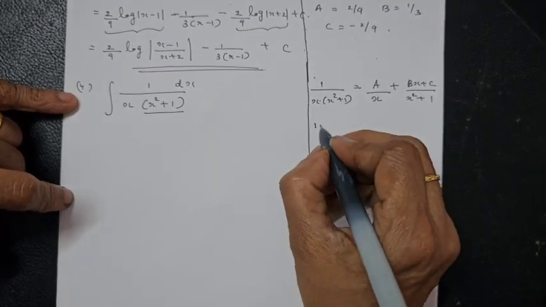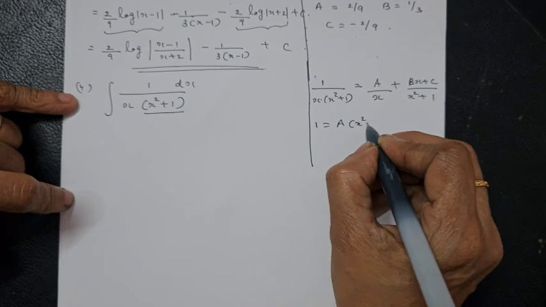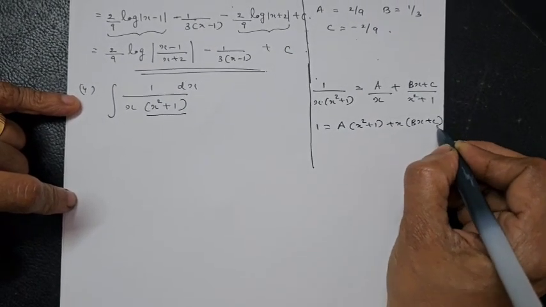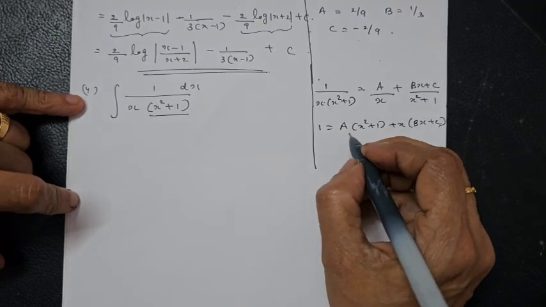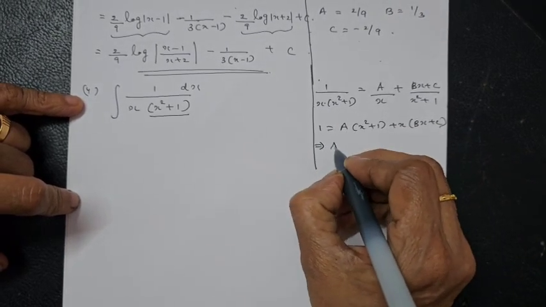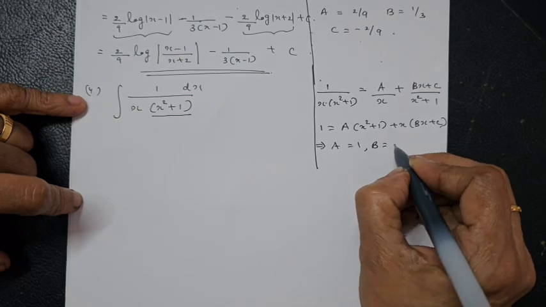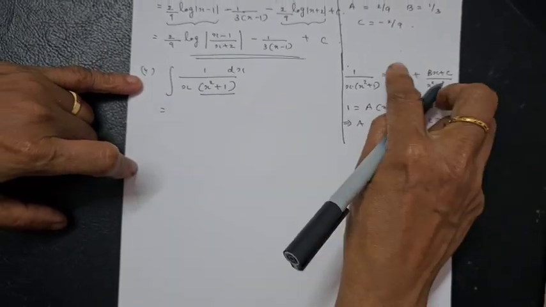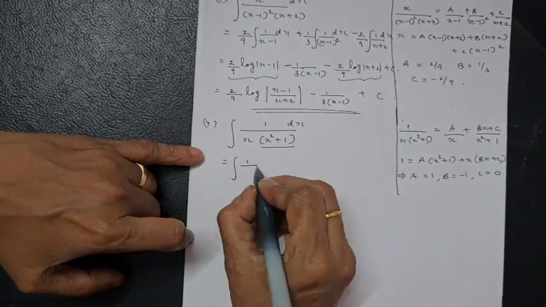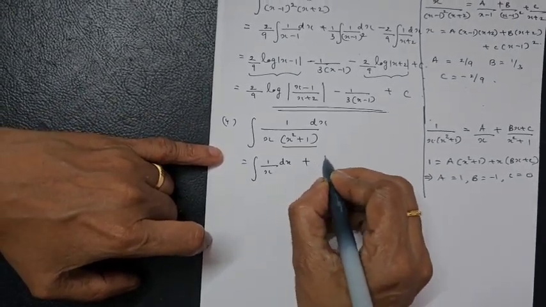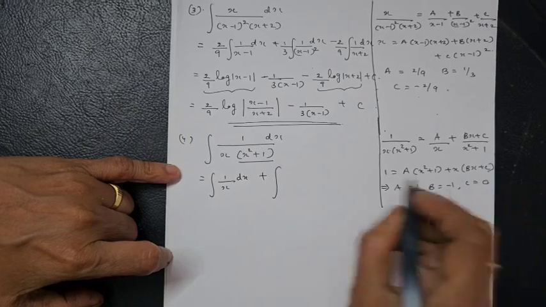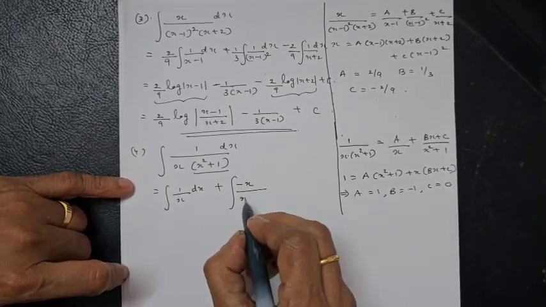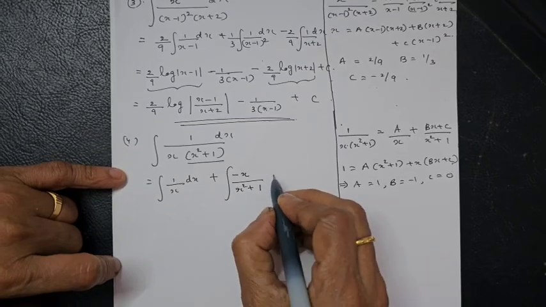So that you are getting 1 is equal to a into x square plus 1 plus x into bx plus c. Giving values or equating the coefficients, you are getting the values of a as 1, b as minus 1 and c is 0. So coming back, this is equal to a by x, that is integral 1 by x dx plus integral bx plus c, that is minus x by x square plus 1 dx.